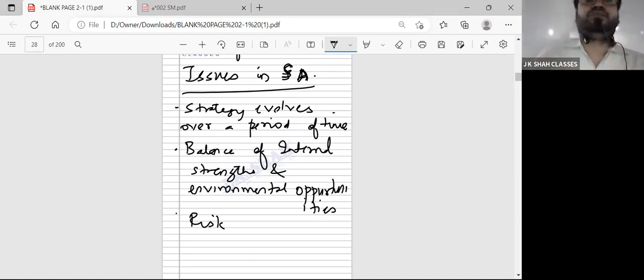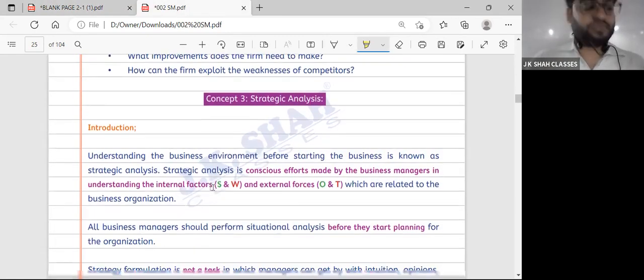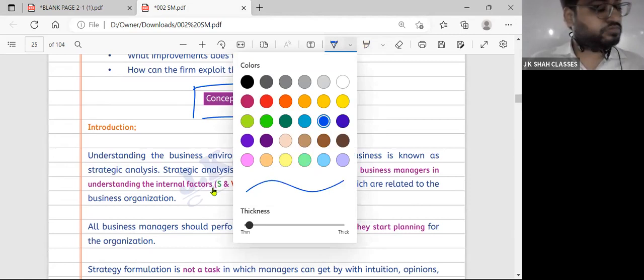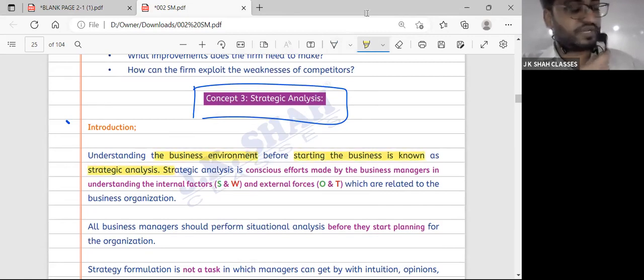Let's read this now. Strategic analysis. Understanding the business environment before starting the business is known as strategic analysis.